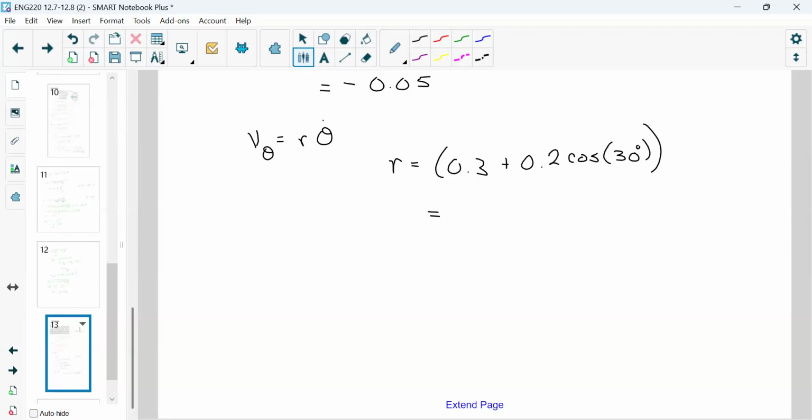The author seems to think it's 0.47. Did anyone get 0.47?